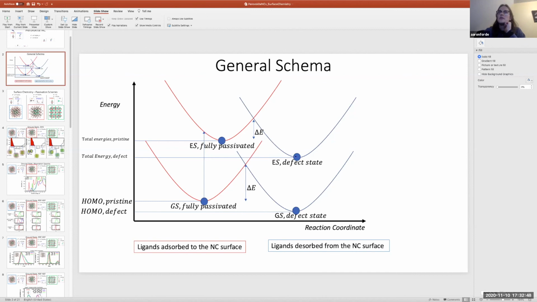But then the final state would have to represent the combination of the inorganic cluster itself and the detached ligands. Okay.